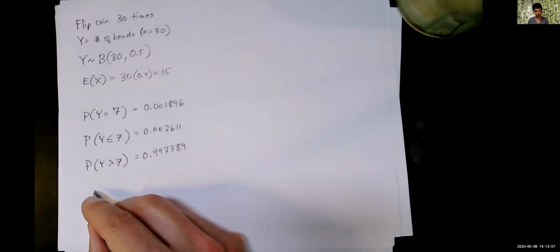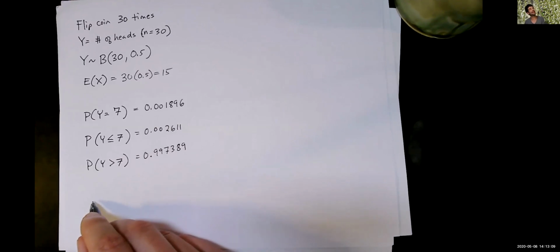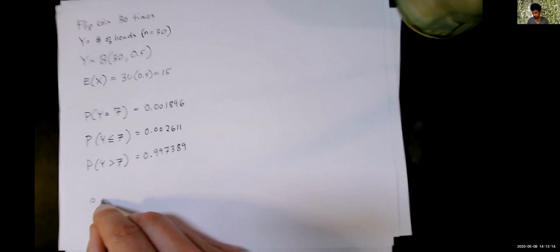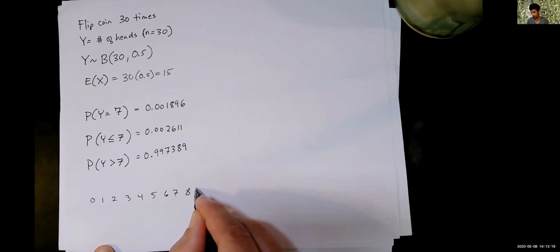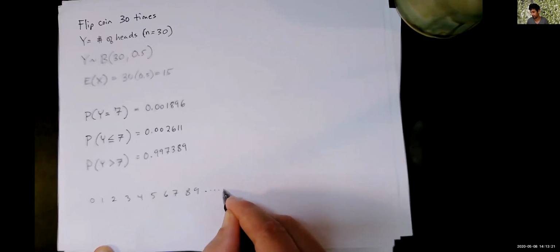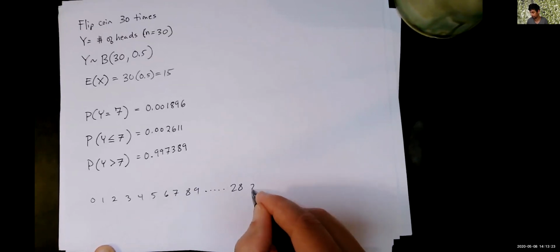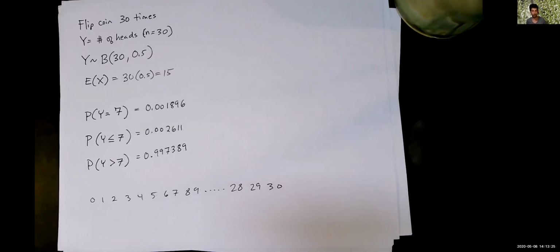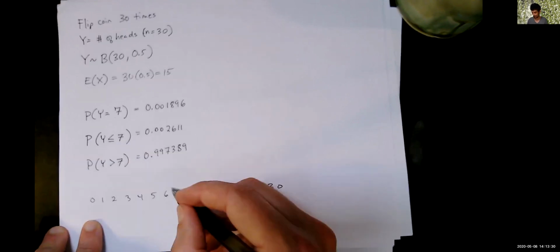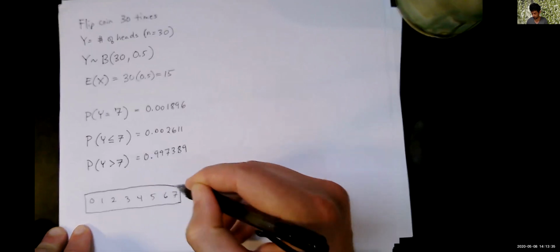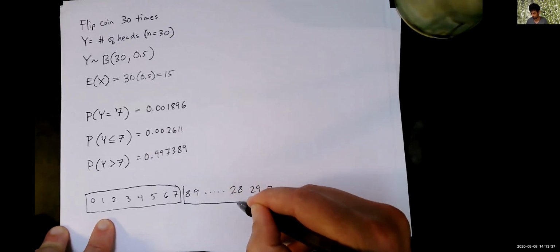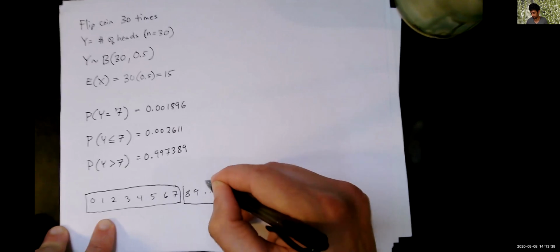If I wrote out our sample space by writing all the possible numbers of heads we could get, 0, 1, 2, 3, 4, 5, 6, 7, 8, 9, and I'll just write dot, dot, dot, up to 28, 29, 30, right? These are all the possible numbers of heads we could get. Less than or equal to 7 is all of these. Greater than 7 is all of these.